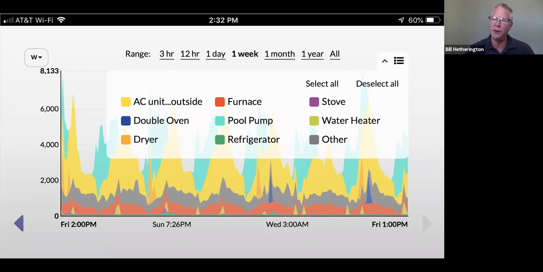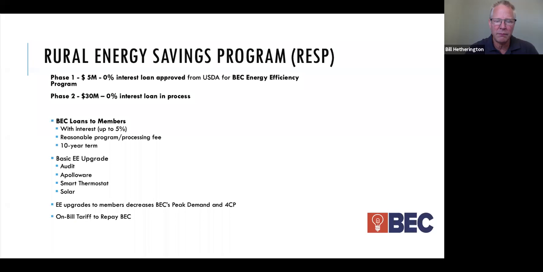And we've installed now over 200 ApolloWares throughout our service territory. We hope to have 1,000 by the first quarter of 2021. And we continue to go from there. So next slide, please. This is my last slide, just to finish it up, reiterating, we did get a 0 interest loan from USDA for 20 years for the implementation of ApolloWare as part of an energy efficiency program.